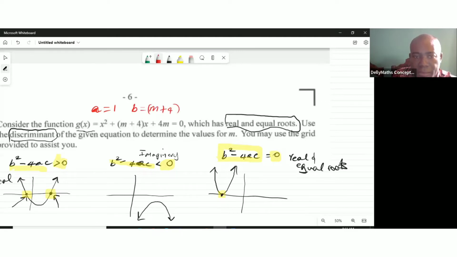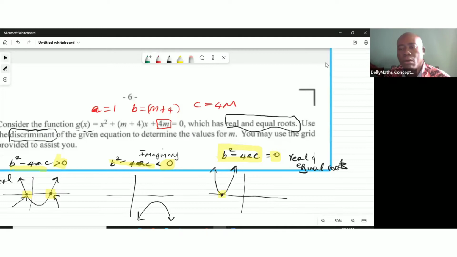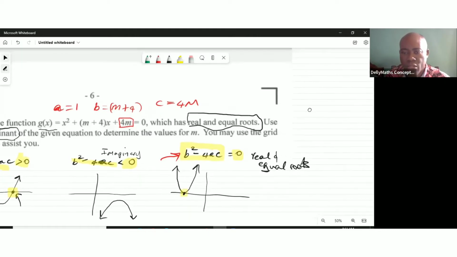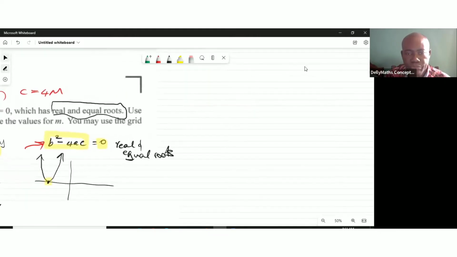And C is the constant, which is 4m. So there it is. We have A, B, and C with one variable, m. Let us see how we could walk ourselves out of this situation.